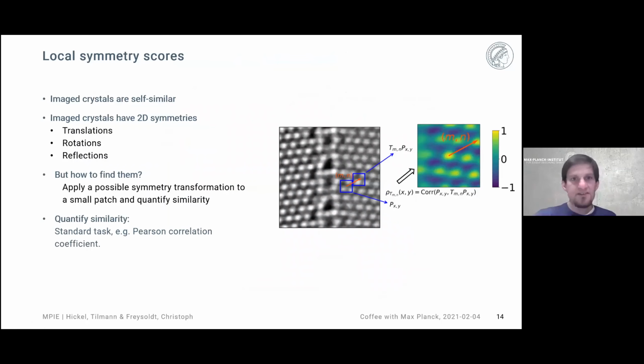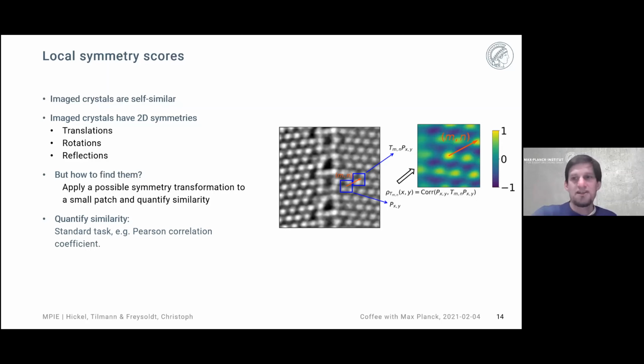Now, this first step is to really identify the crystallinity. For this, we can make use of the fact that these crystals in the image are self-similar. That comes from the underlying crystalline symmetries: of course the translational symmetry, but also rotations or reflections, whatever you have in your particular crystal.